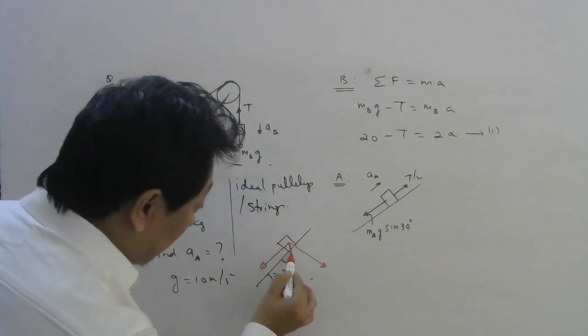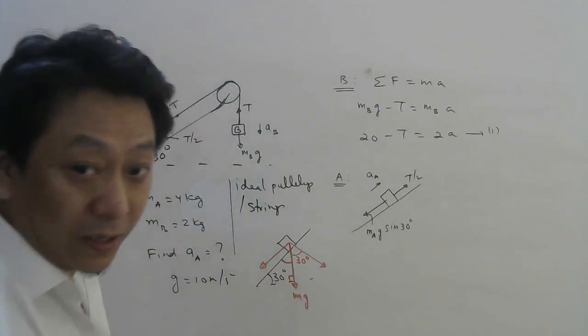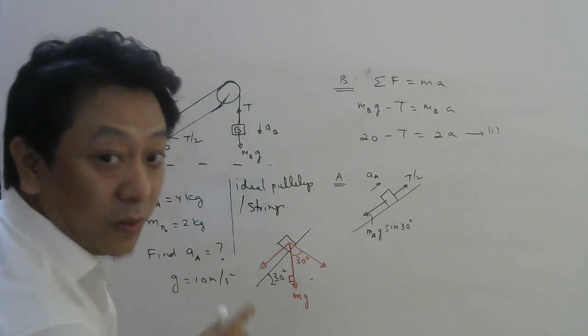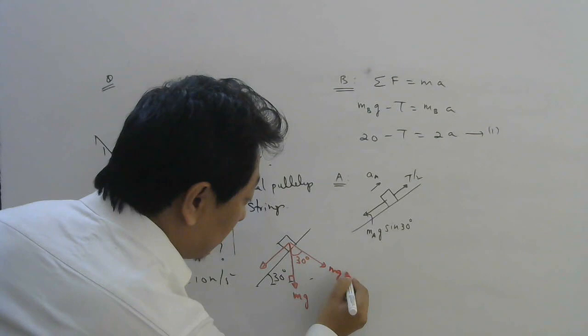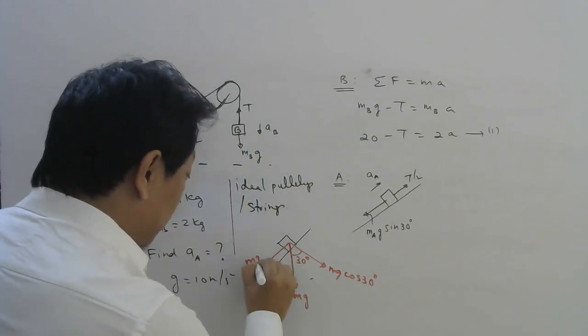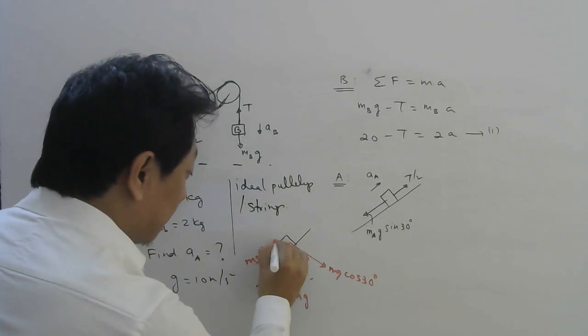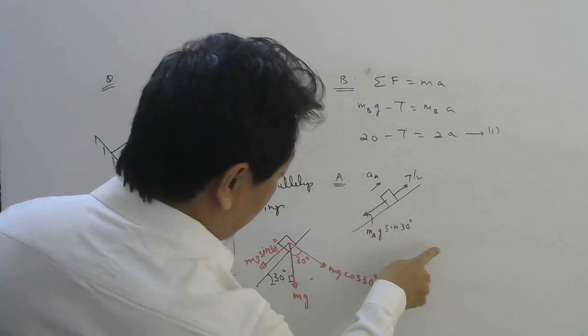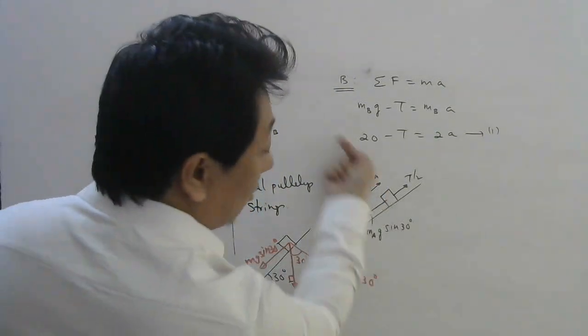And if that is 60, this should be 30. Right? So if this angle is 30, this angle also should be 30. So this component will be mg cos 30, and this component should be mg sin 30, right? Now here the reason I did not show mg cos 30 is because it will be balanced by your normal force.